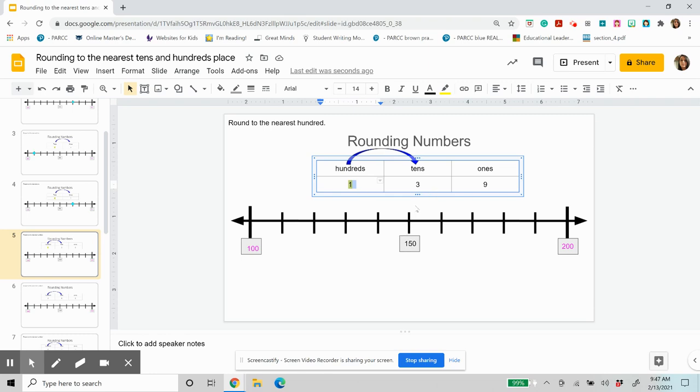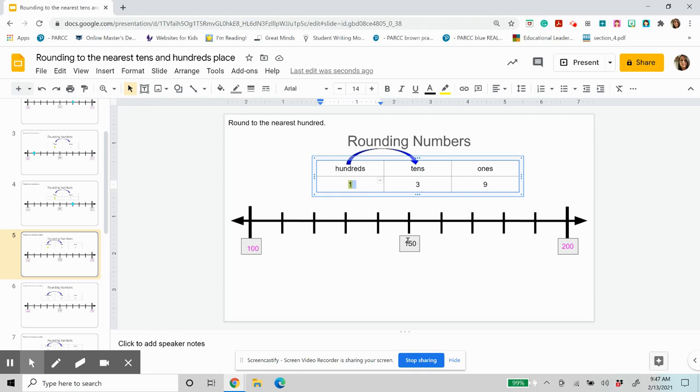Okay, so let's look now at our deciding number, our decision maker, because we're going to either keep this hundreds or we're going to go to 200s. We want to know if 139 is closer to 100 or 200. So we need to figure out where it's going to be on the number line. 139, we're looking at the tens place.